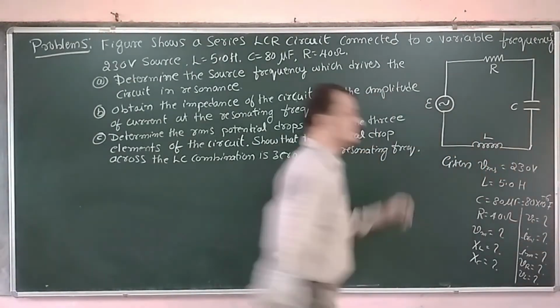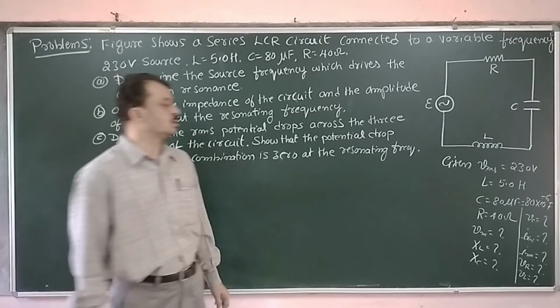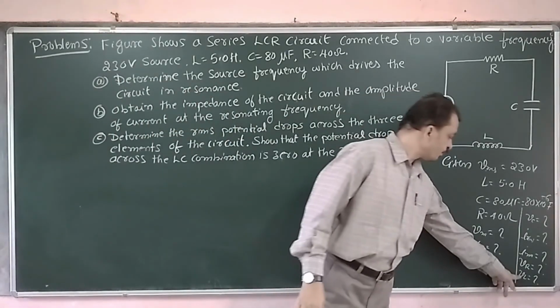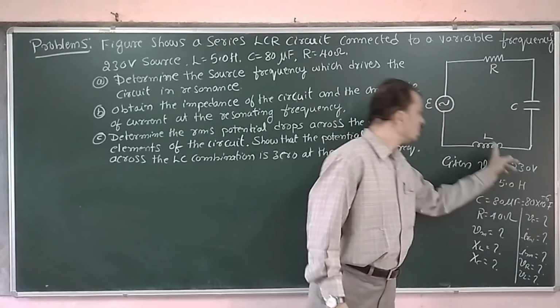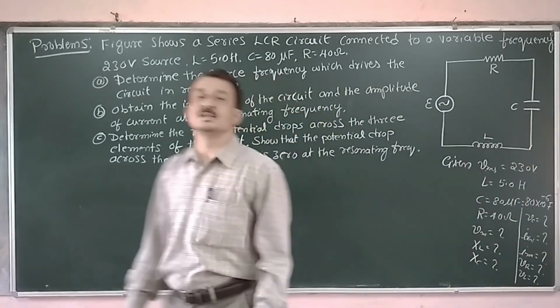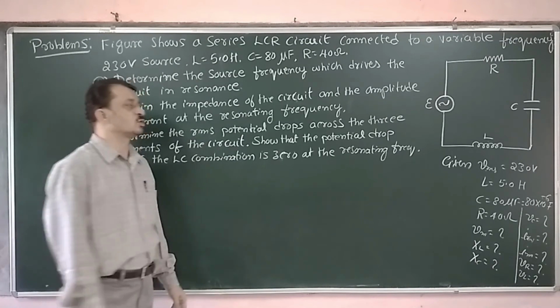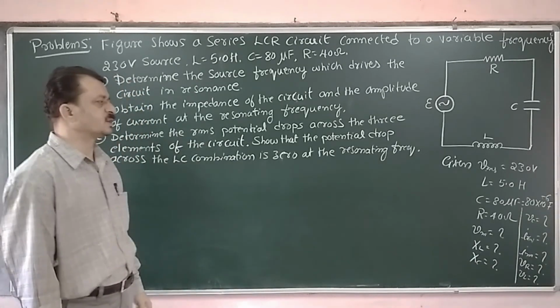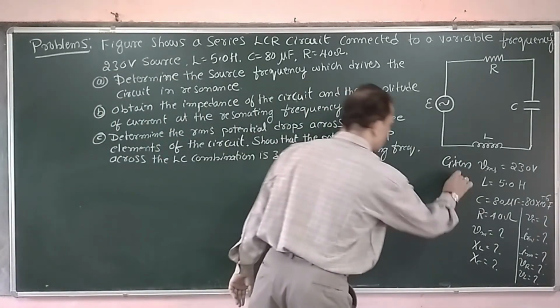Voltage across the three components we have to work out, and we have to show that the voltage across the capacitor and the inductor is 0 at resonance. Those two are equal and opposite. That thing we have to prove. Now look here.